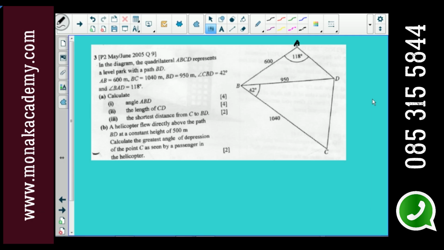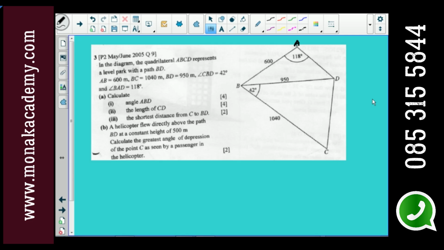One thing is already obvious for us, right? Even just by looking at the diagram, that we are not going to be able to use Pythagoras theorem and SOH-CAH-TOA at the moment, because none of those triangles, whichever one you look at, is right angled. So it's going to be sine and cosine rule somehow.